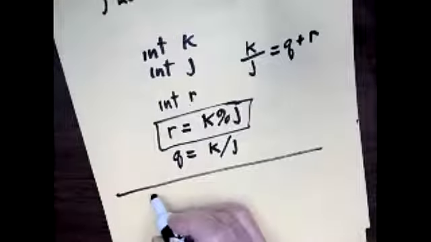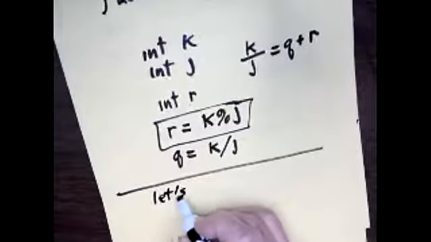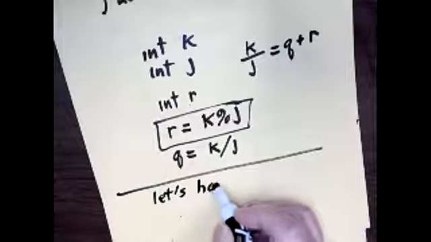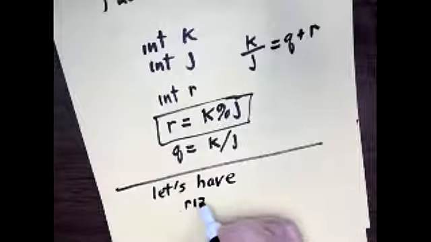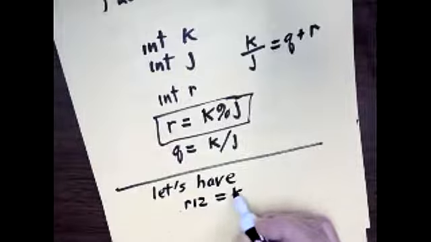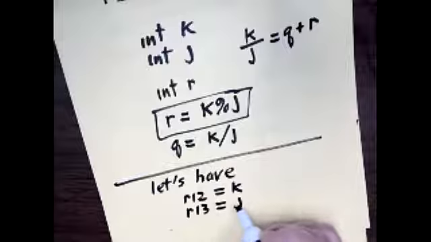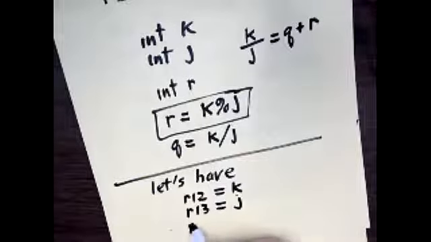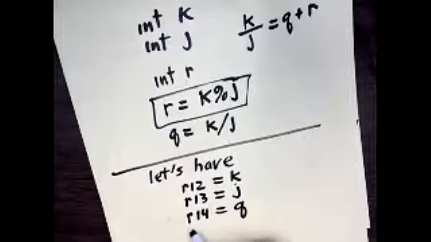Okay, let's suppose we have R12 is K, R13 is J, and R14 will be the quotient.